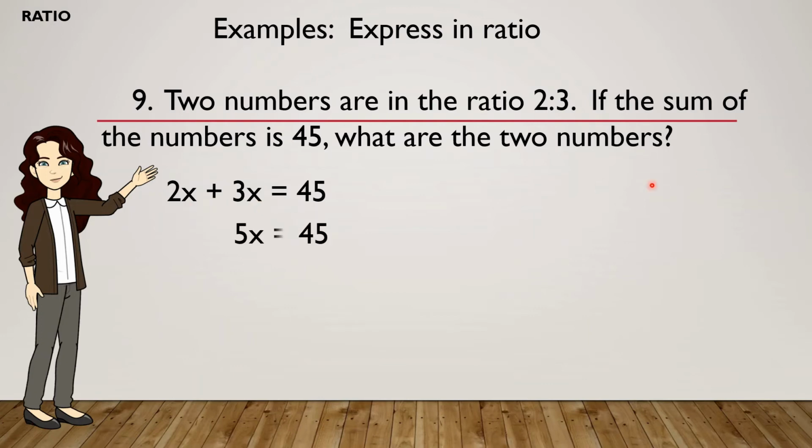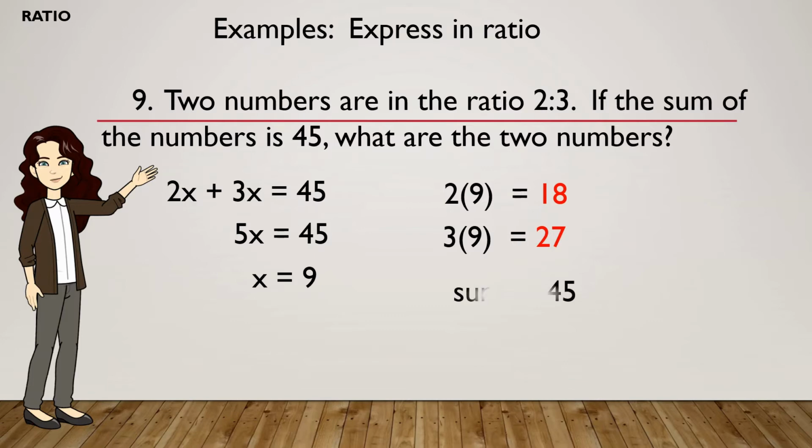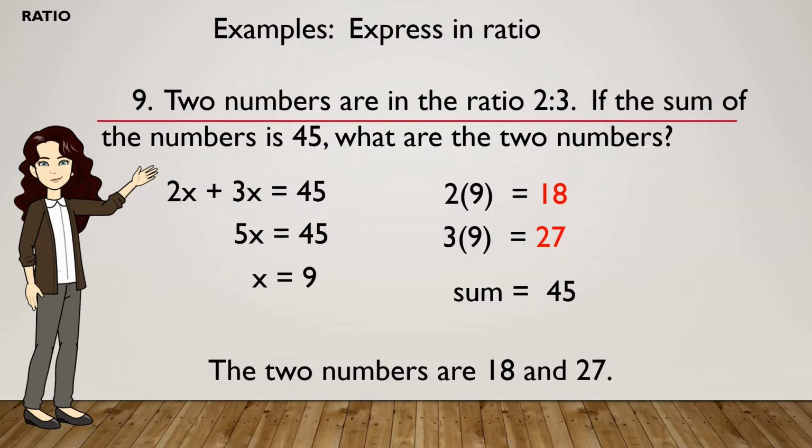Adding, 2x plus 3x is 5x is equal to 45. Then divide by 5, so x is 9. After that, multiply your 2 is to 3 by the value of x. 2 times 9 is 18, and 3 times 9 is 27. So 18 and 27 are the two numbers whose sum is 45. Our answer: the two numbers are 18 and 27.